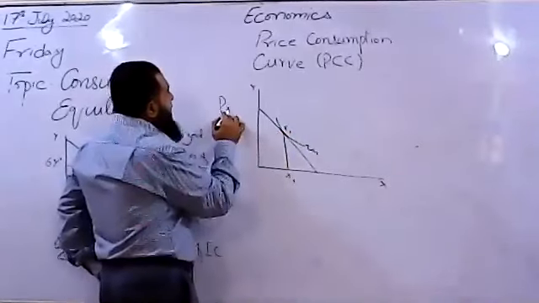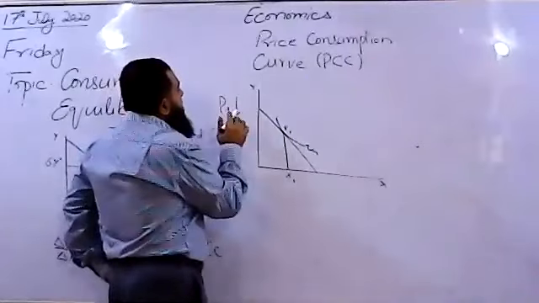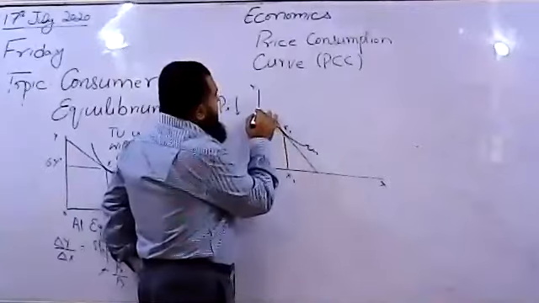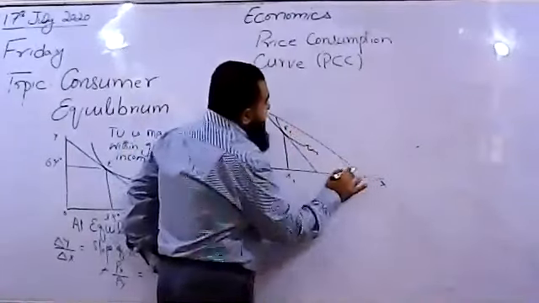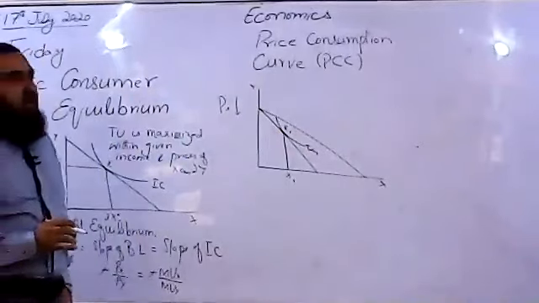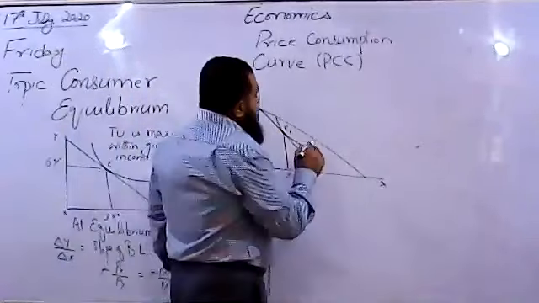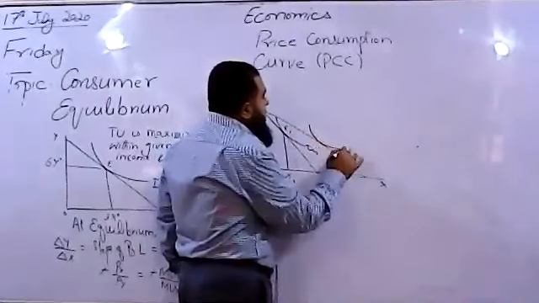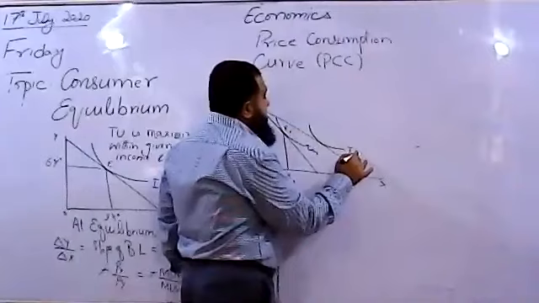Now the price of X decreases. The budget line will have a pivotal shift. It will rotate outward. Now the budget line has rotated outward. So instead of E1, the consumer moves to a higher indifference curve, which is now attainable.